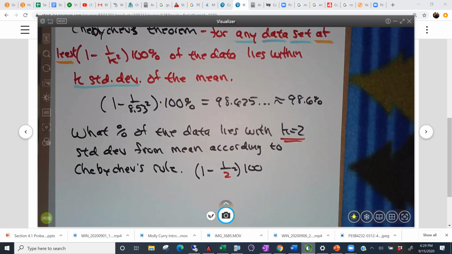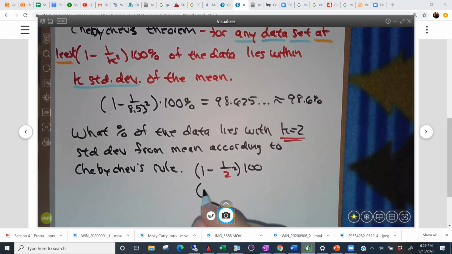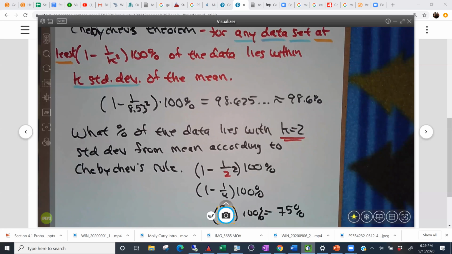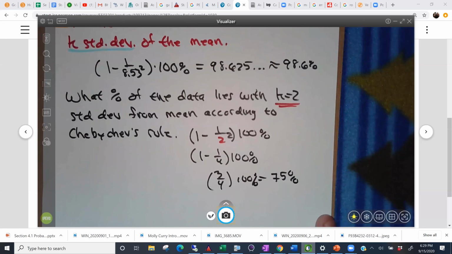So that would say 1 minus 1/4, which is your 2 squared, times 100, or 3/4 times 100, which gives you 75% of the data has to lie within 2 standard deviations of the mean for any data set.